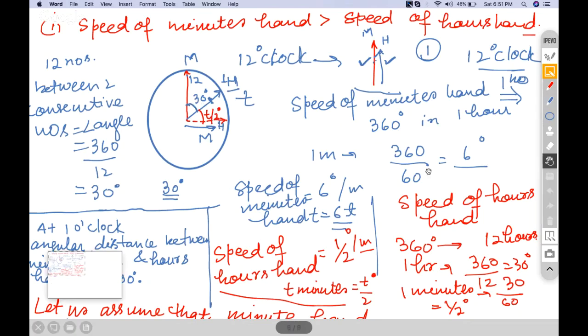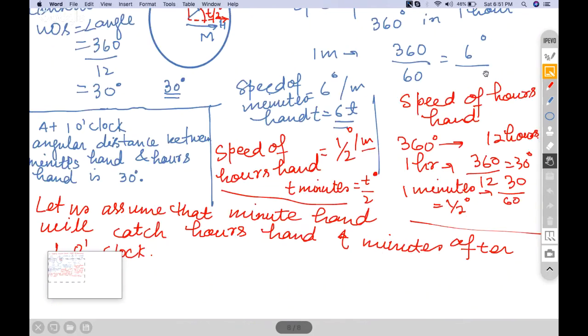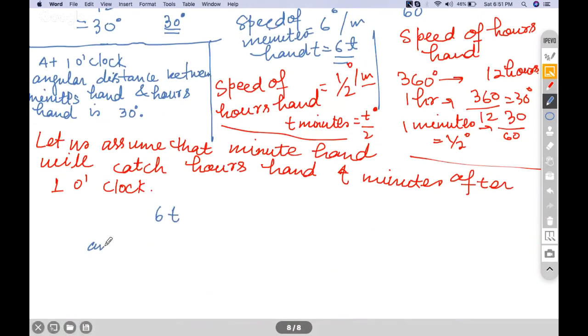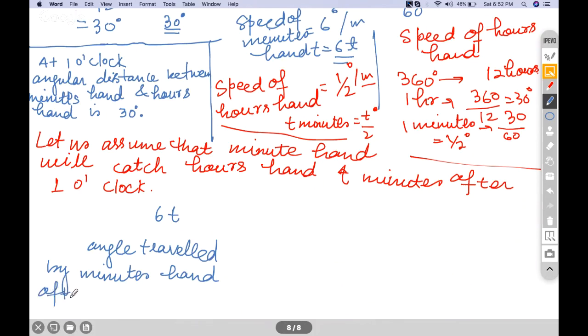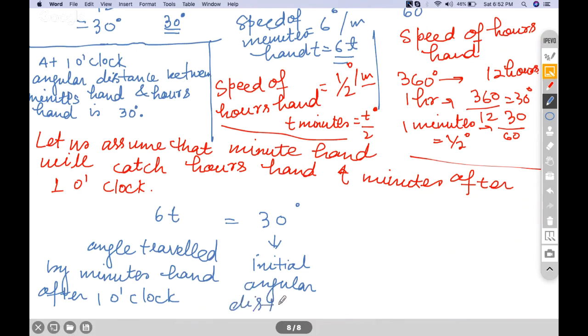So what I'm trying to say is that 6t, which is the angle traveled by the minutes hand after 1 o'clock, should be equal to 30 degrees, which is the initial angular distance, plus t by 2.